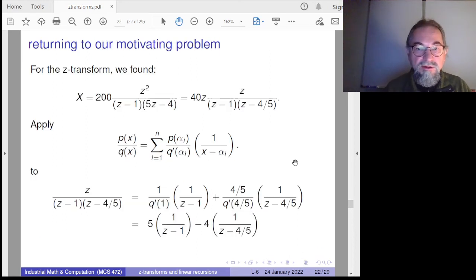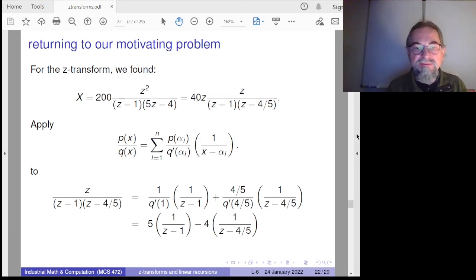Okay, where does this help us? So return to our motivating problem. So we found the z transform, and we're going to rewrite this now so that we have the z minus 1 and the z minus 4/5 sitting in there. So the numerator, with hindsight, I'm going to isolate the 40 out of z.